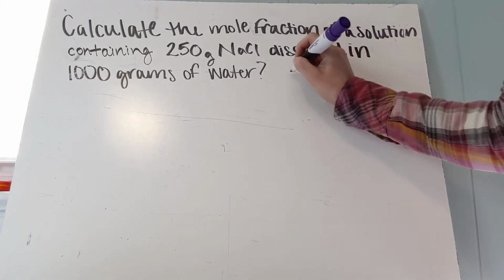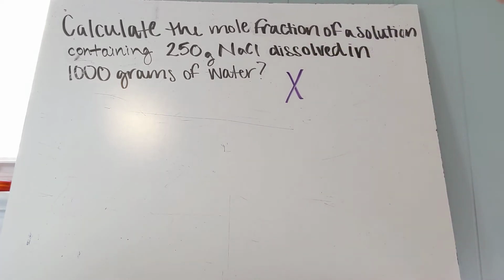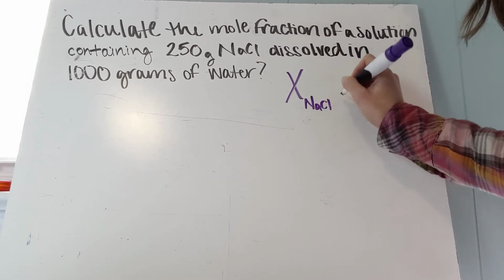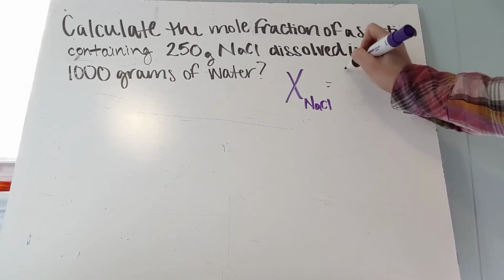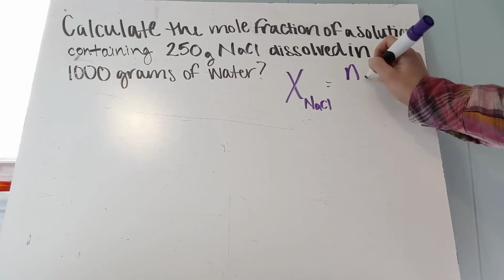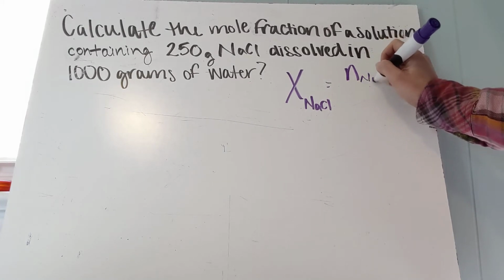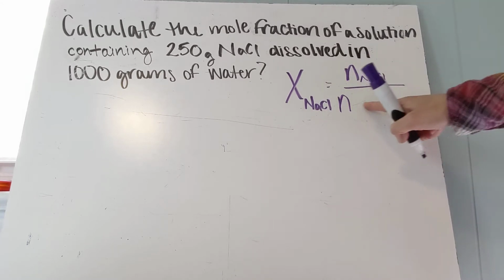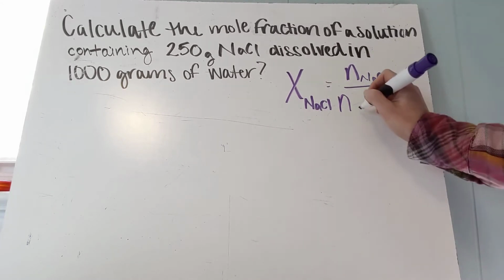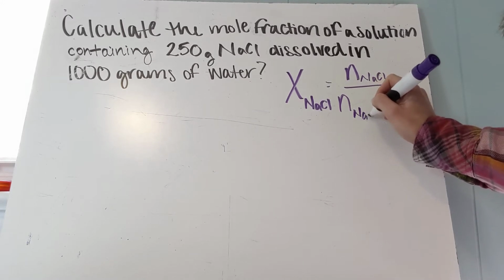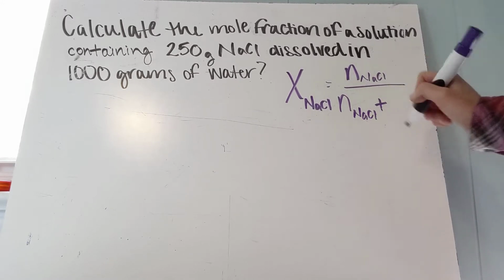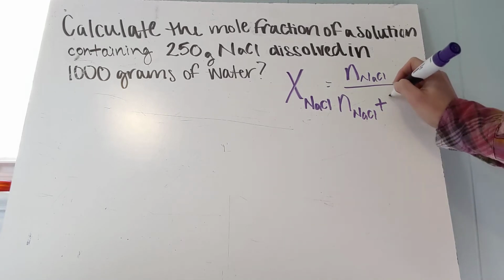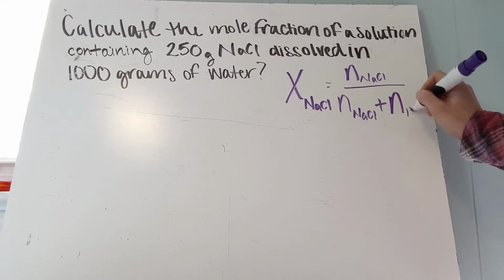Alright, I'm going to write our formula over here. So, I want to find the mole fraction of NaCl. So, I'm going to have X of NaCl is equal to the number of moles of NaCl divided by, remember our total number of moles is on the bottom, so that's going to be equal to the number of moles of NaCl plus, notice we've got addition to find the total, we add it together, so the number of moles of NaCl plus the number of moles of water.